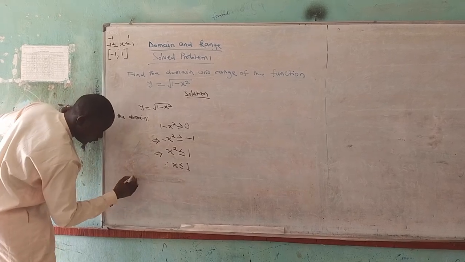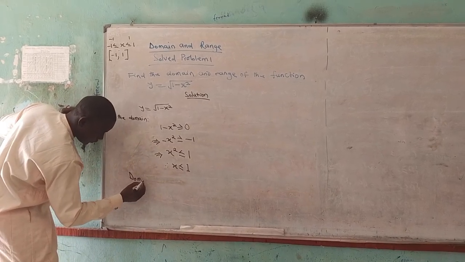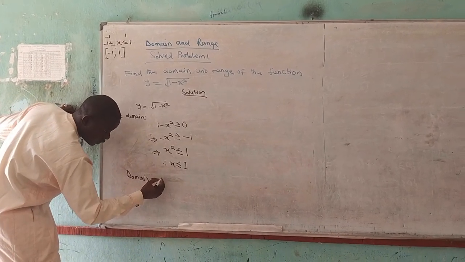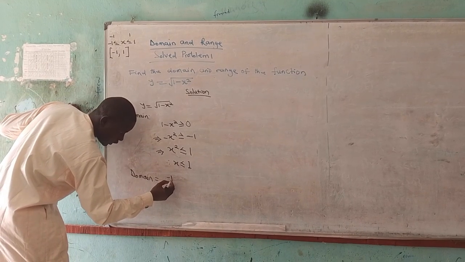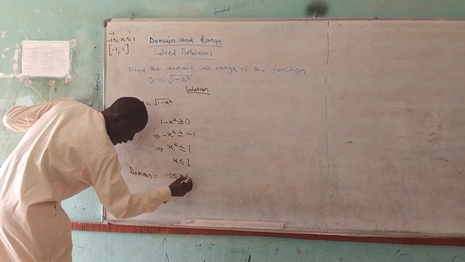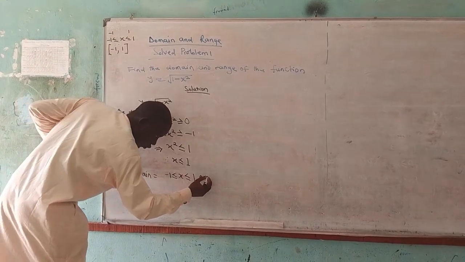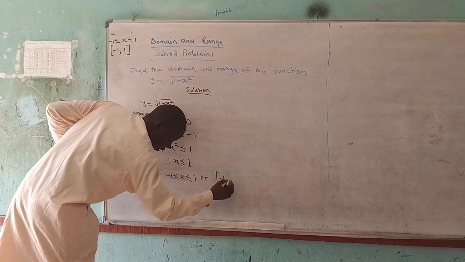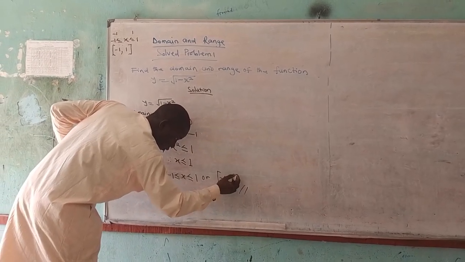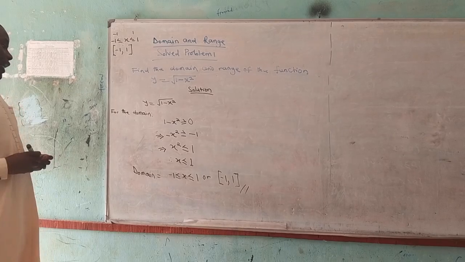So our domain is minus 1 less than or equal to x less than or equal to 1, or we just write it like this: minus 1, comma, 1. So this is the domain.